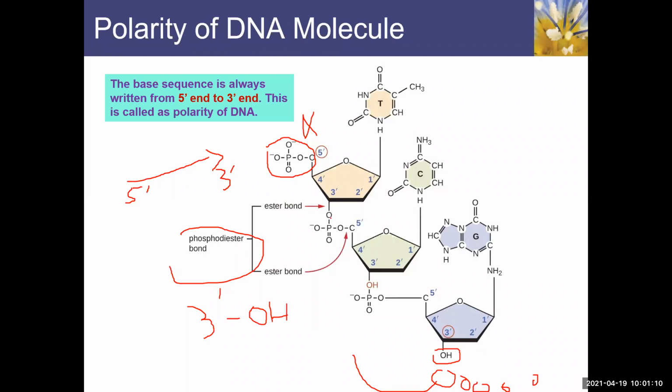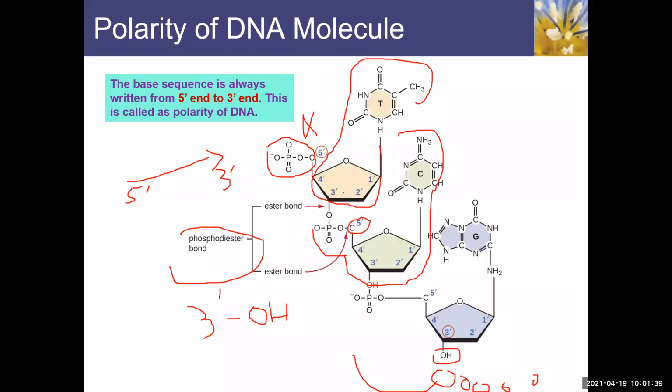Okay, so is it clear? So you can say that this phosphodiester bond connects the 5' carbon of one nucleotide, this is my one nucleotide, along with this phosphate, to the 3' carbon of another nucleotide. So this is my other nucleotide, right?